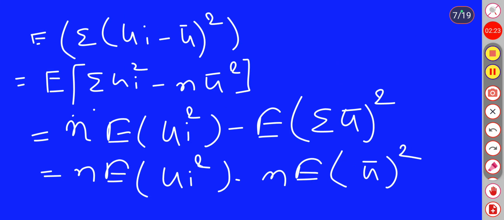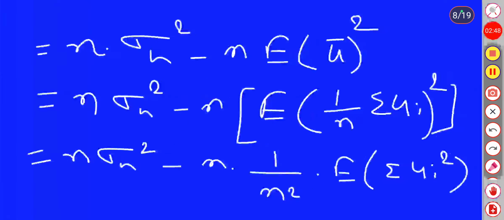The expected value of sum of (ui minus u bar) whole square is equal to the expected value of sum of ui square minus n into u bar square, that is, n into the expected value of ui square minus the expected value of n u bar square, which is n into sigma u square minus n into the expected value of u bar square.